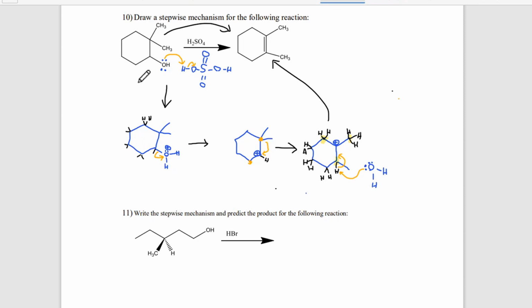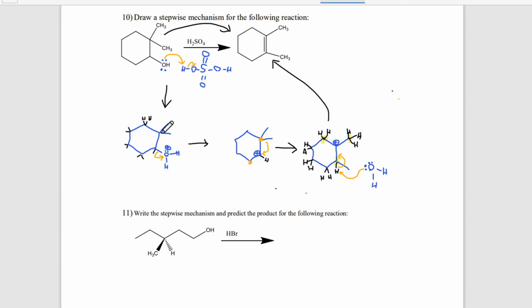Yeah, the acid catalyzed dehydration of alcohols is actually one of the more challenging mechanisms that you're going to have to know here. The key point is to recognize that the alcohol is not a good leaving group on its own. So you start by protonating the alcohol. Typically, the leaving group is going to leave on its own. It's not going to be kicked off.